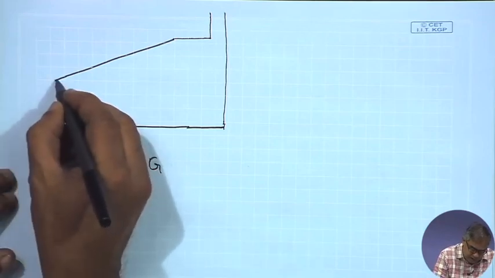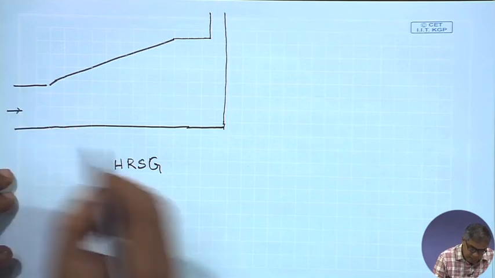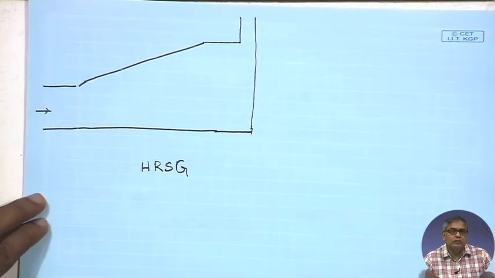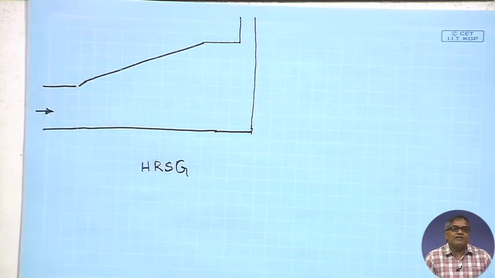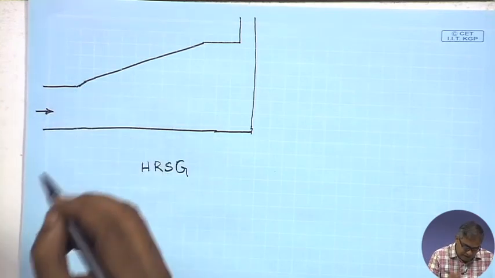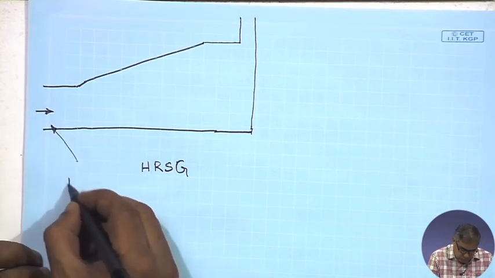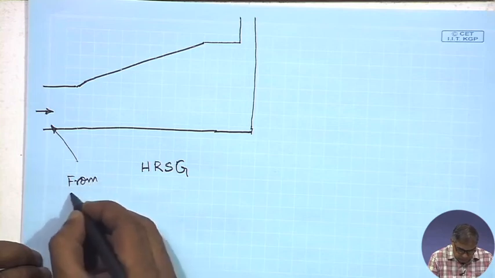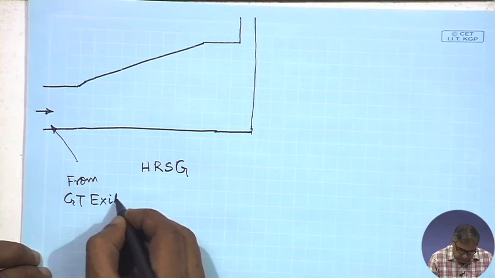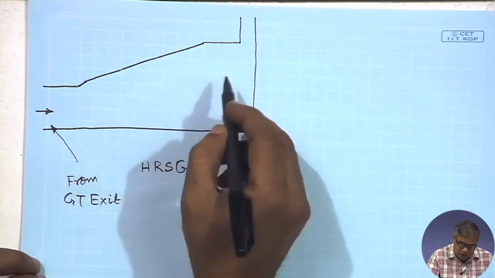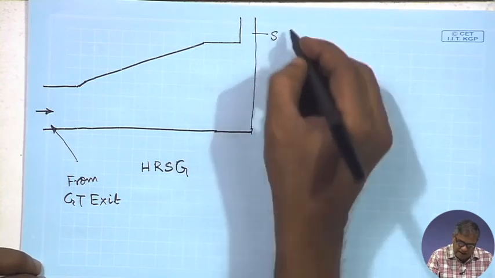From this side we have gas from the gas turbine exit, from GT exit, and then it passes through this. There are heat exchangers, I am not drawing them, and this is the stack.